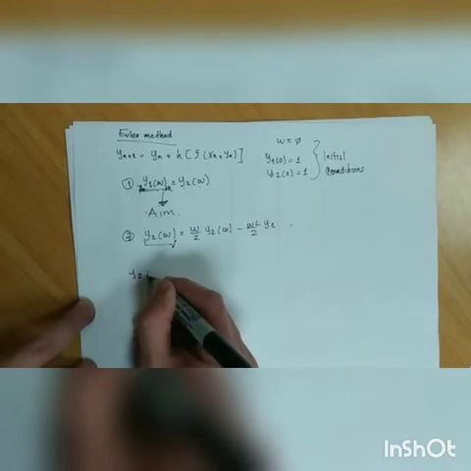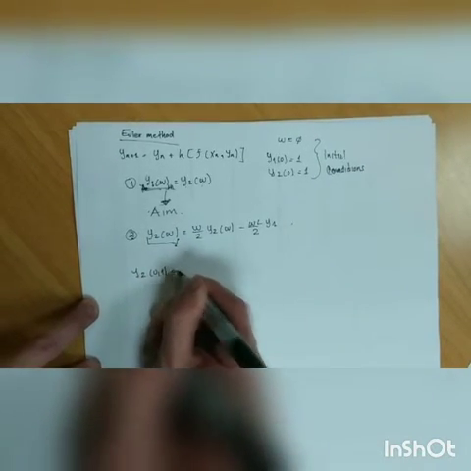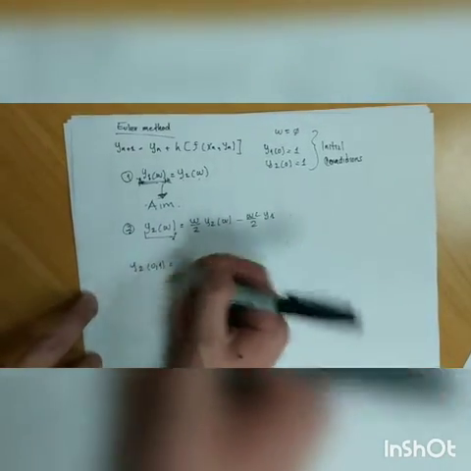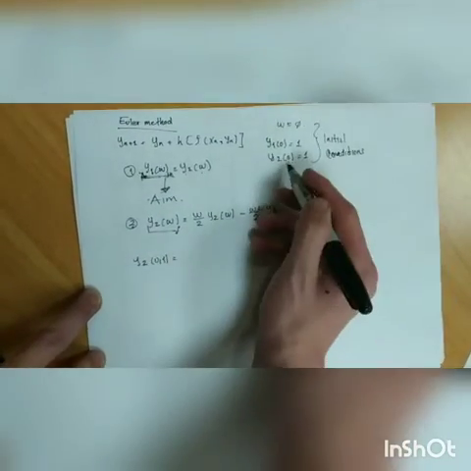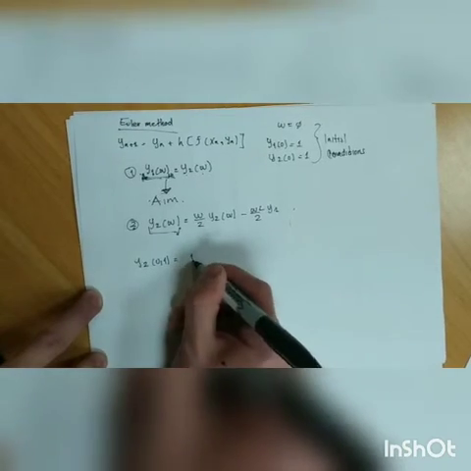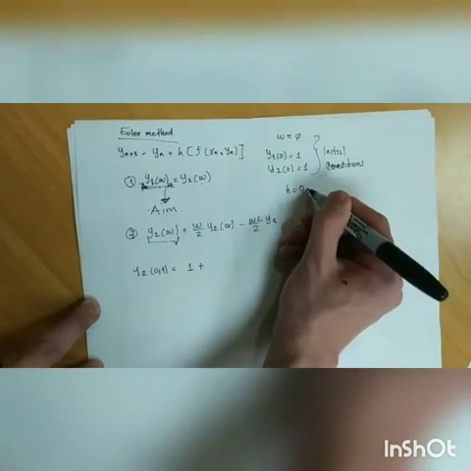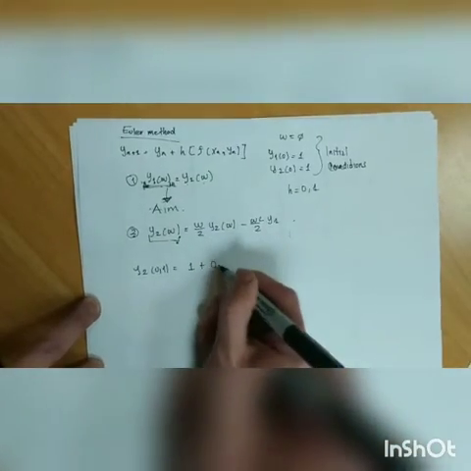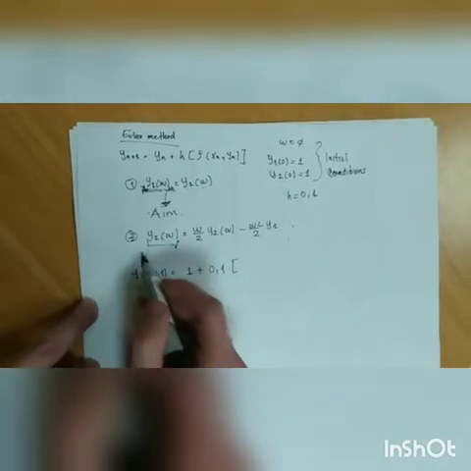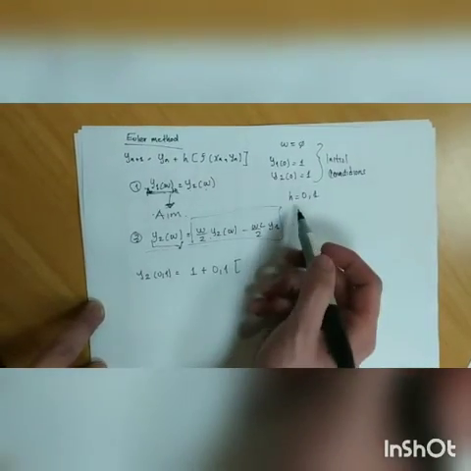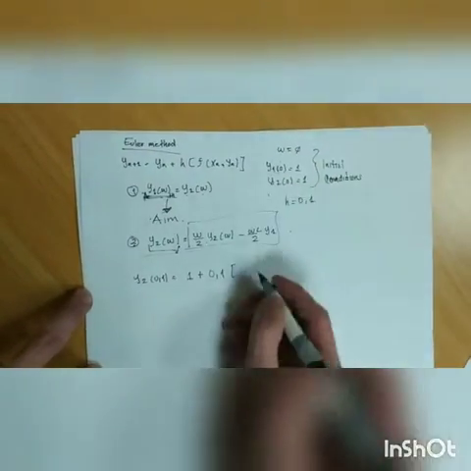So y2 in 0.1, that is the next coordinate, is going to be equal to y2 in the previous coordinate, which is 1, plus the step. The step is going to be 0.1. So plus the step multiplied by this function evaluated in the previous coordinates that we have.